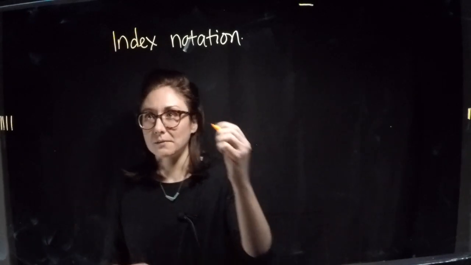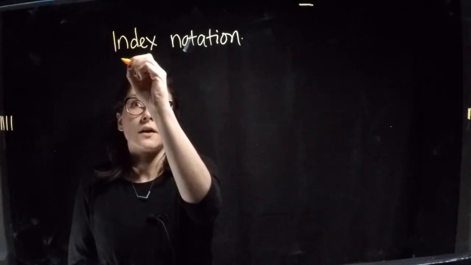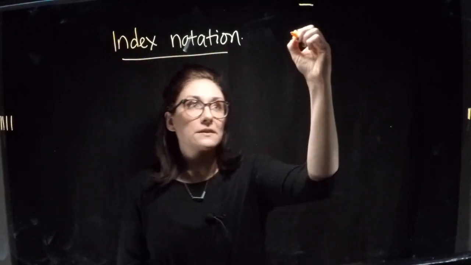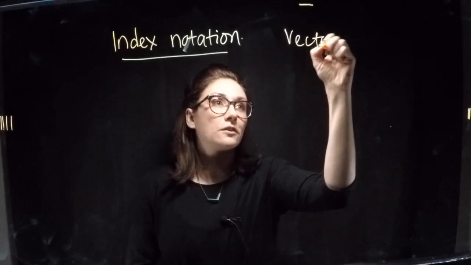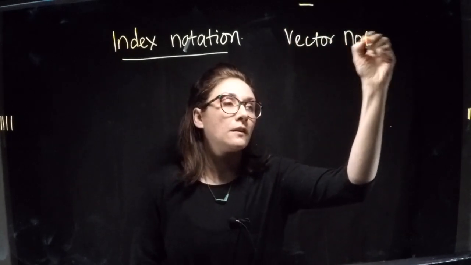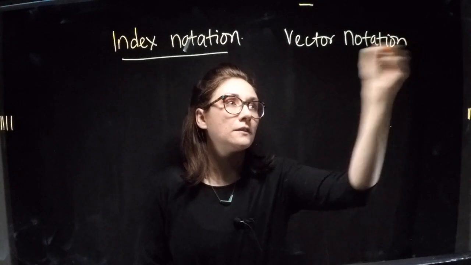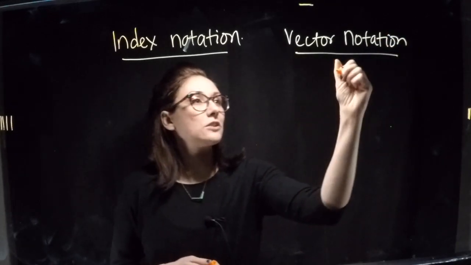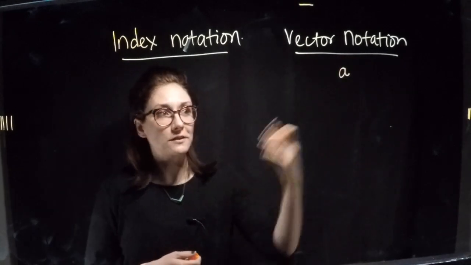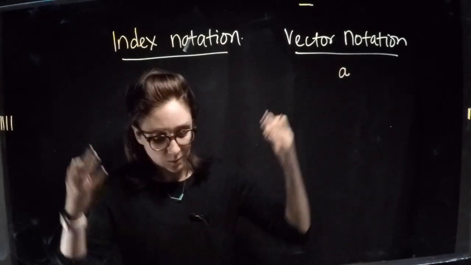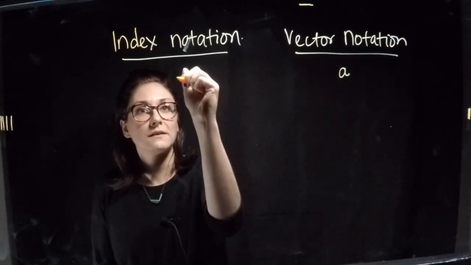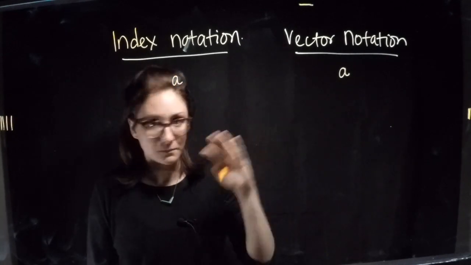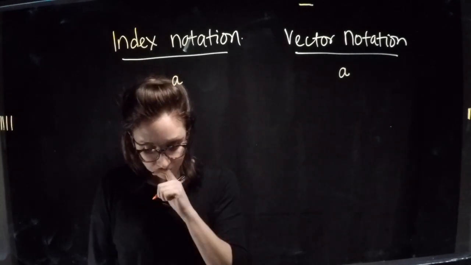Okay, so just to make some comparisons to start, I'm going to keep index notation on this side, and then I'm going to put vector notation on this side, just so we can see A to B what we're looking at. So in vector notation, if we have a scalar, it's just going to look like this. So any letter of your choosing. In index notation, it's exactly the same. No changes whatsoever.